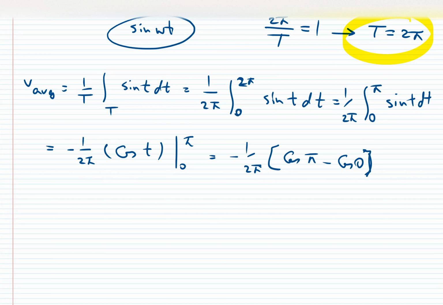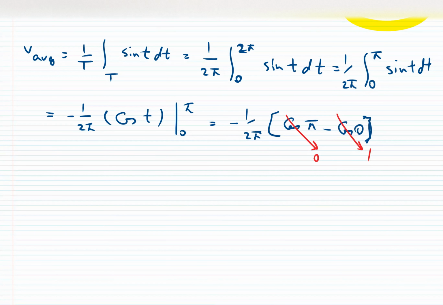Cosine of pi is negative 1, and cosine of 0 is 1. So inside the bracket we will have negative 1 minus 1.